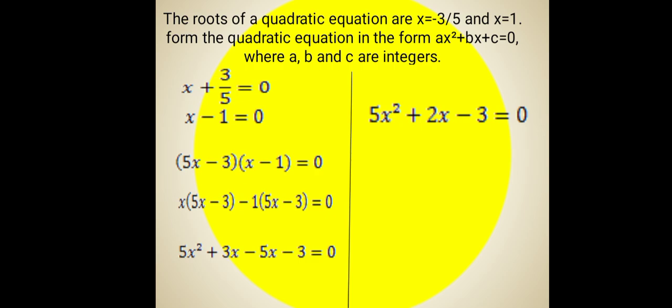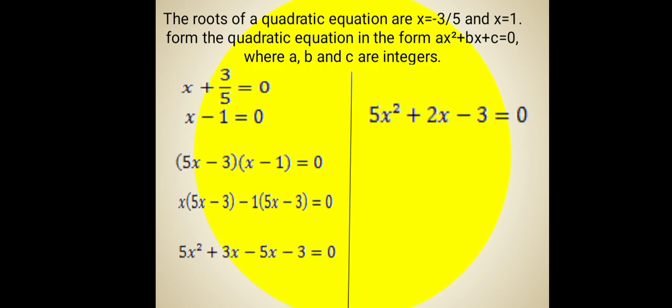Now it means we work back. If x equals negative 3 over 5, we can work back and say x plus 3 over 5 is equal to 0, and also x minus 1 is equal to 0.